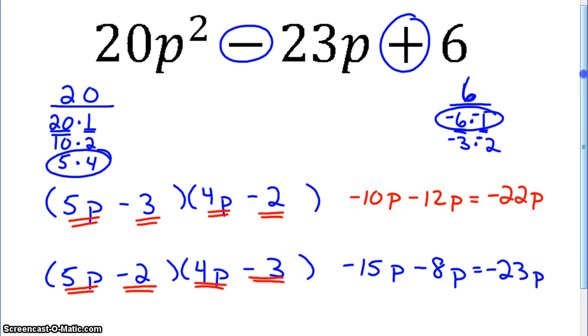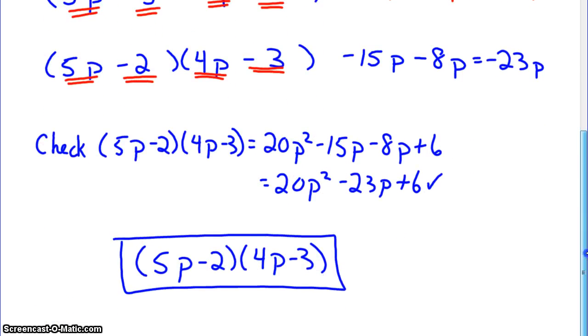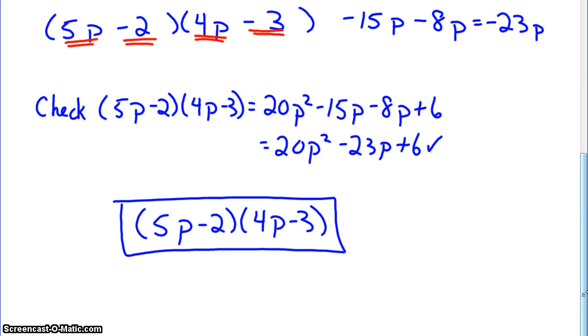If that didn't work, I would try the 10 and 2 combination as my first terms. I would then work with negative 3 and negative 2. If neither of those worked, I would go to negative 1 and negative 6. So in that sense, it's called trial and error. It took us 2 trials, but in many cases, it takes more than 2 trials before you finally find the right combination. But on our second try, we found the correct answer.